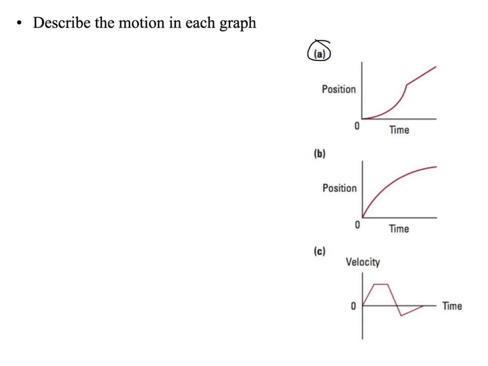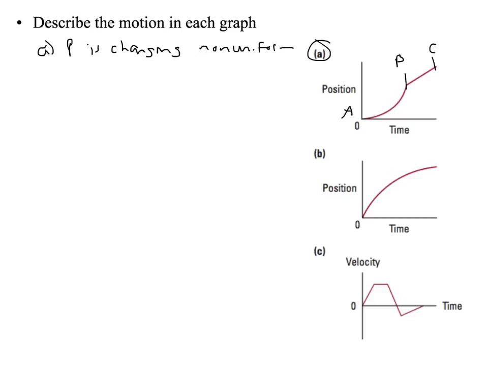We're going to make 3 points. We're going to say that point A, right there, is going to be point B, and right there is going to be point C. So between point A and point B, we are seeing position changing faster as the time is increasing. So position is changing and it's non-uniform.